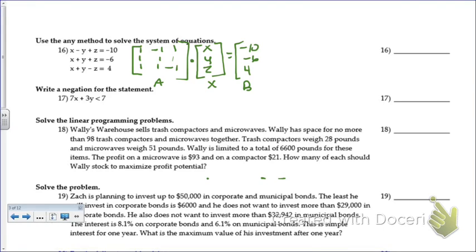Okay. So in order to do this with a matrix calculator, we would say that x, y, and z equals A inverse B.